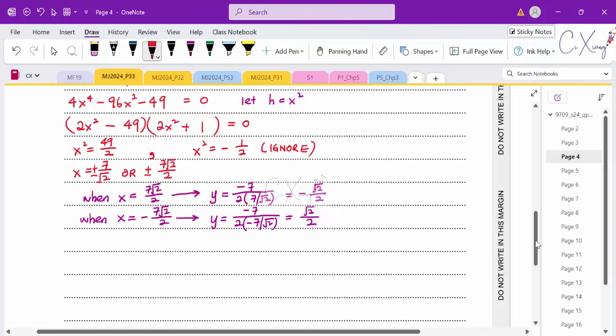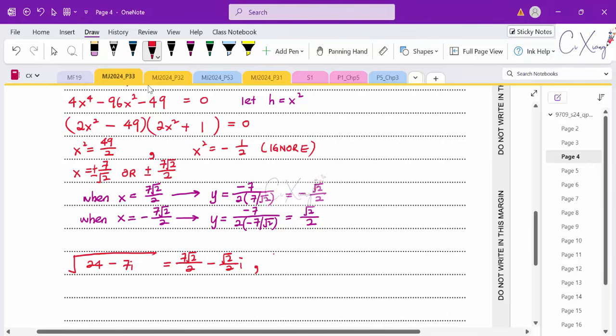Then let's rewrite our answer again. Okay, so you're having two answers, two sets of answers for x and y. So square root of 24 minus 7i can be written as the first set of answer, 7 root 2 over 2 minus root 2 over 2 i.